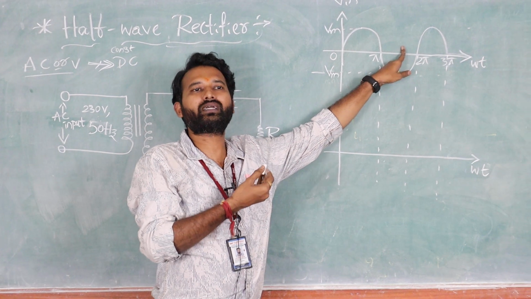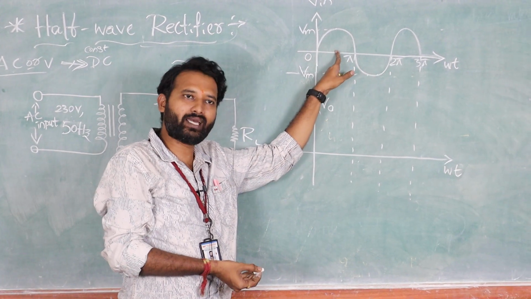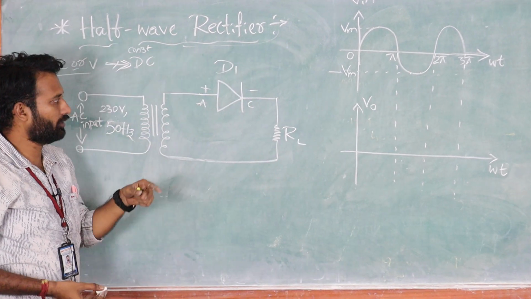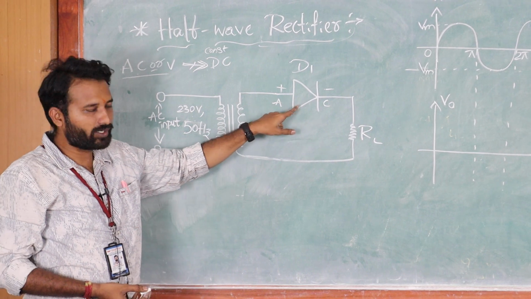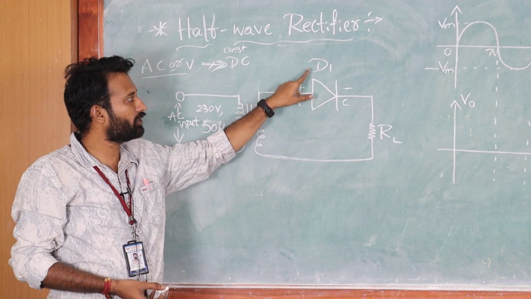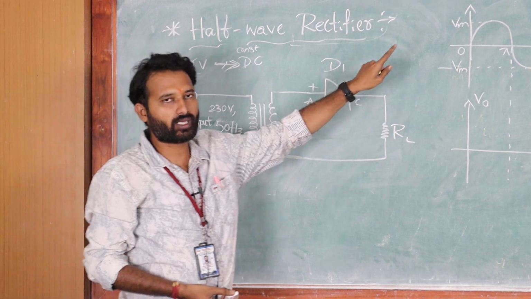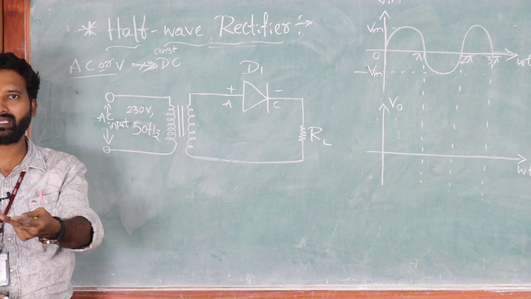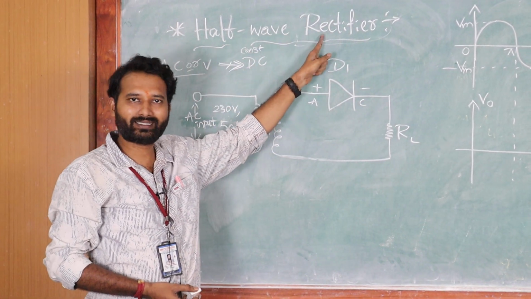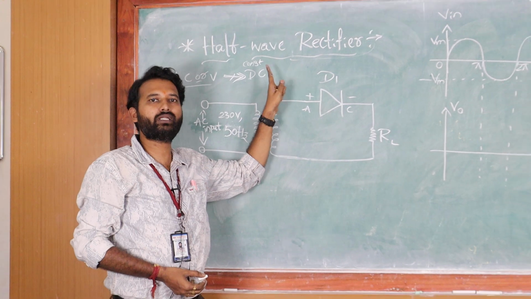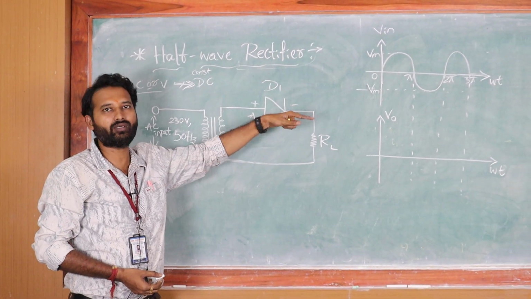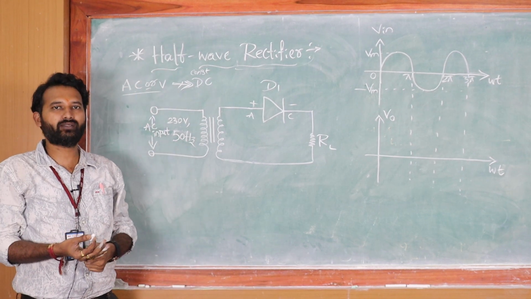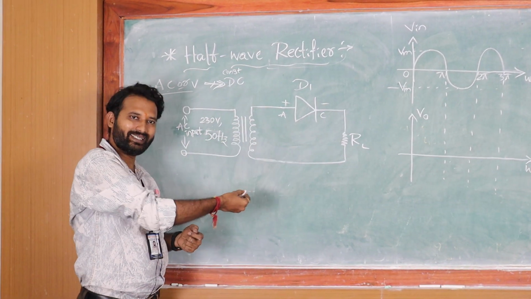It will rectify only one half of the AC cycle, which means in this circuit diagram your diode will conduct only during one half of the AC cycle. As the name itself indicates, half-wave rectifier converts only one half of the AC cycle into pulsating DC. Now let me explain the operation, how it works.